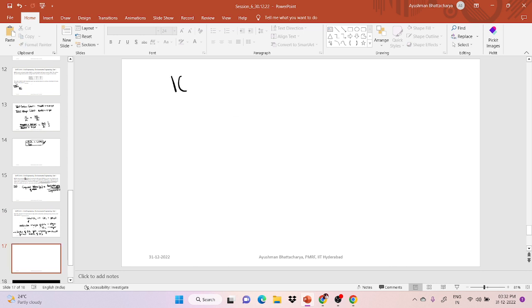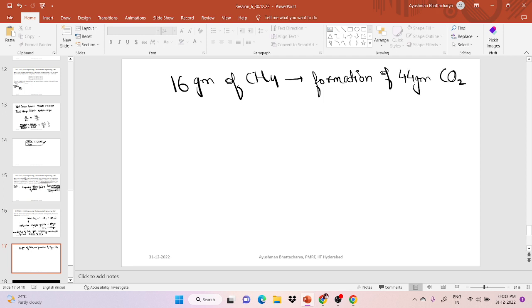So 16 gram of CH4 leads to formation of 44 grams of CO2. Okay, so now for 1 gram it will be 44 divided by 16.